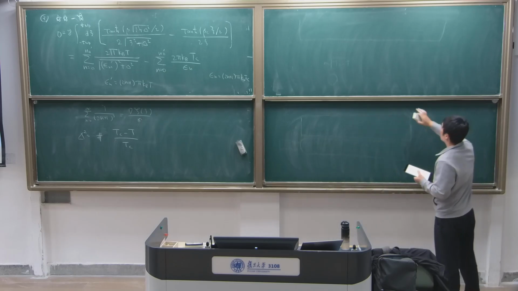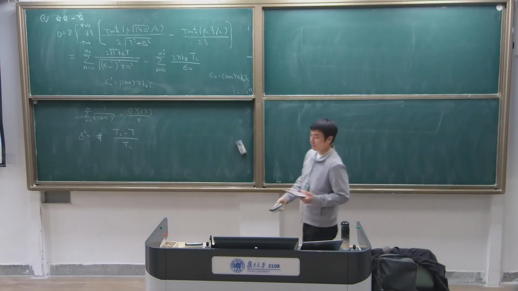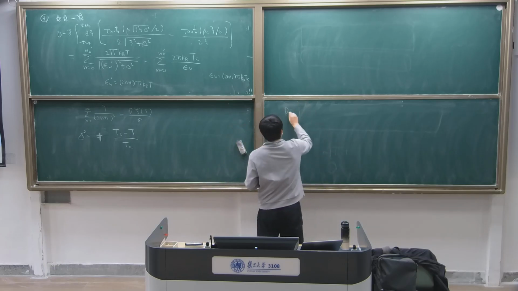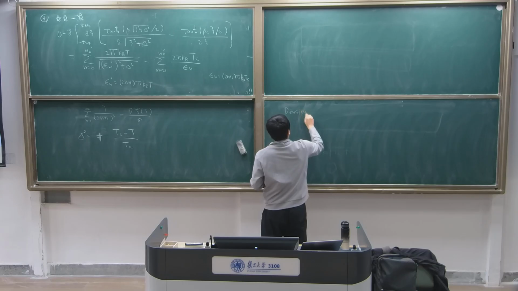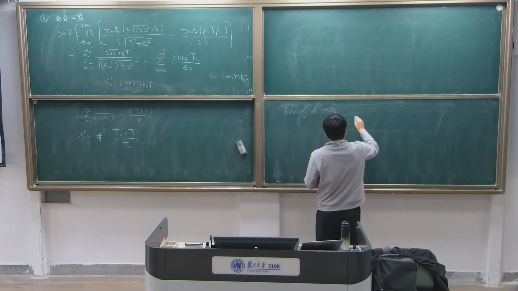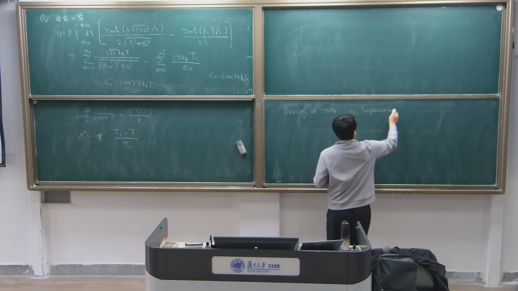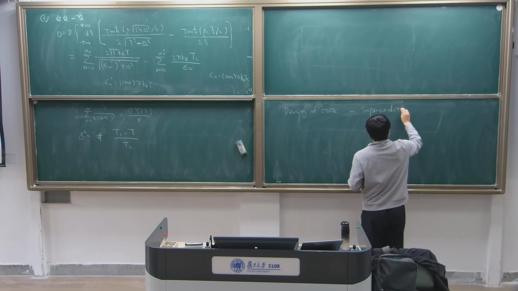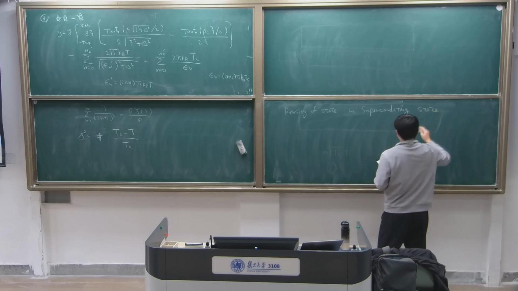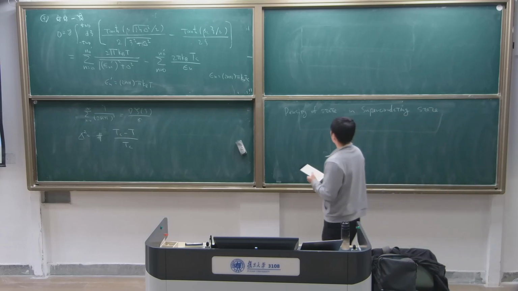Okay, so let's recall the density of states in superconductivity. To that, we use the so-called retarded Green's function.